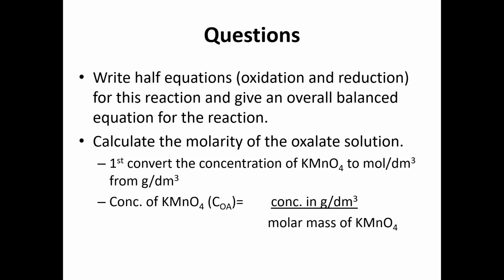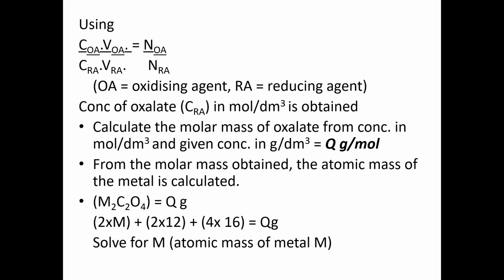Now, the first thing is that you convert the molarity of the oxalate. You are given your oxalate in grams per dm cubed. You convert it to moles per dm cubed like we did before. And that is, you divide your concentration in grams per dm cubed by the molar mass. That will give you your molar concentration in moles per dm cubed.